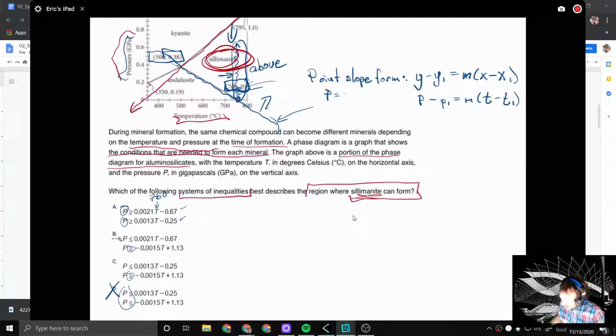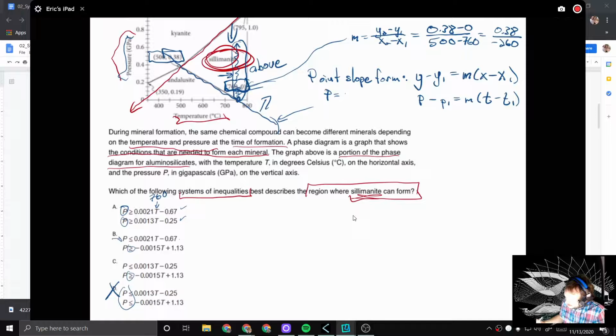If I put 0 in for p, let's just do the slope here. y2 minus y1 over x2 minus x1 equals, what is that, 0.38 minus 0 over 500 minus 760, which is 0.38 over negative 260.